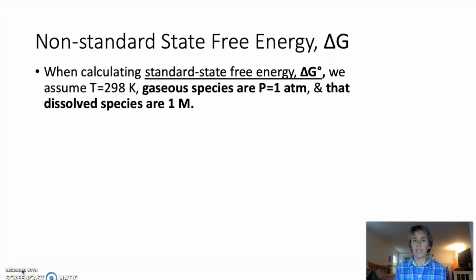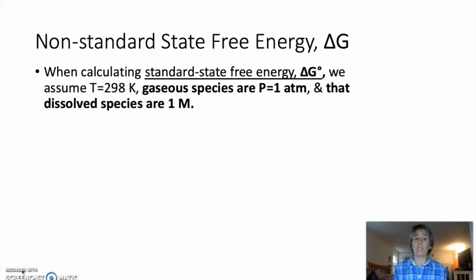So now we're going to flesh out the differences between non-standard state free energy, delta G, and standard state free energy, which is delta G with the little degree symbol. Sometimes you might see both of these with the subscript reaction or RXN; sometimes that's left off.